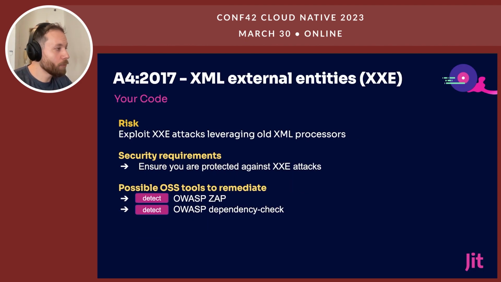Next, we didn't talk about this threat, but you could use XXE attacks, leveraging old XML processors. So this is something a little older, but you could do the same thing using OWASP ZAP, find these issues, and make sure you don't use these old versions by making sure your dependencies are updated.